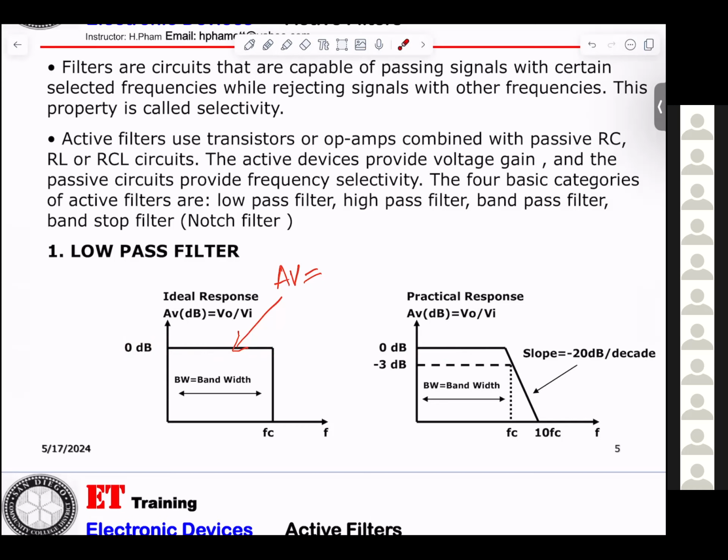You better tell us, Mr. Pham. I don't think output over input. Yeah, I know. But when you're looking at it, it says 0 dB. I don't care about dB. I care about the numerical value. So the 0. No. Oh, 1. Okay, tell us why it's 1.